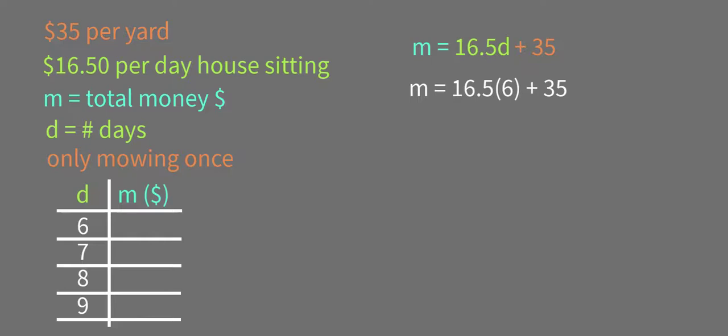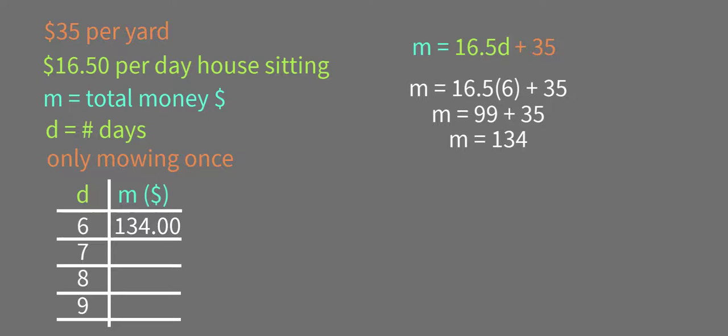We could go ahead and multiply that out, or we could simply use our calculators. So 16.5 times 6 is going to be 99. So this equals 99 plus 35, and that equals $134. So we'll go ahead and write that in down here. $134 is how much he's going to make in 6 days of house sitting.